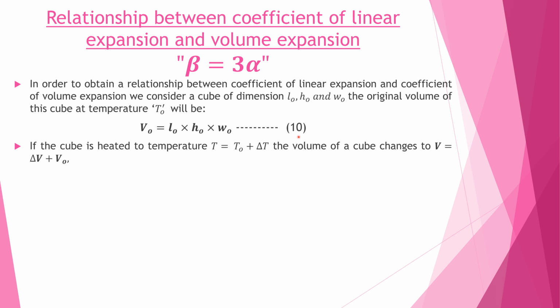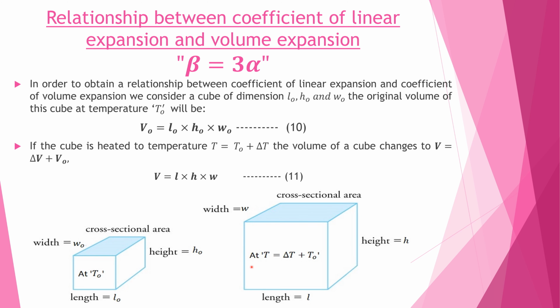If this cube is heated to a temperature T, which is equal to T naught plus delta T, let's suppose the volume of the cube changes to V, which is equal to delta V plus V naught. So this final volume will be L into H into W, where L is the final length, H is the final height, and W is the final width of the cube. I mark it as equation number 11.